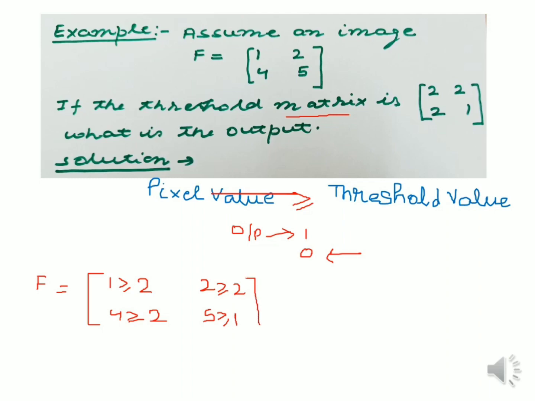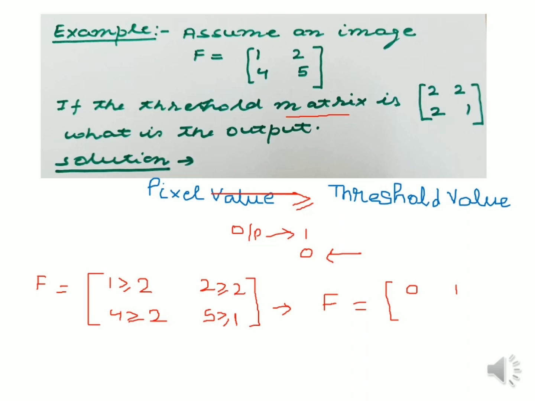Now just apply this particular condition. If the pixel value is greater than or equal to the threshold value, the output will be 1, otherwise 0. So from here you can write it as 0. Here it is the same, so greater than or equal to 1, so this particular value will be 1.